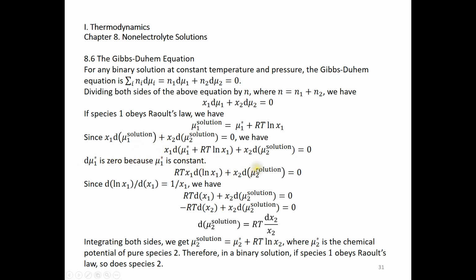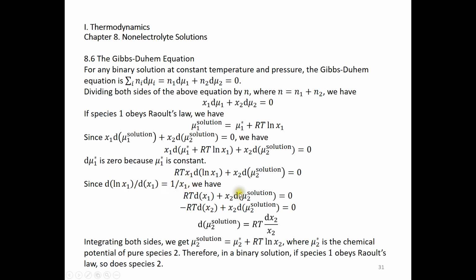Then we have this equation. And because d ln x1 over dx1 is 1 over x1, this is just calculus. The differential of ln x is just 1 over x. We can have this equation for x1 as well.